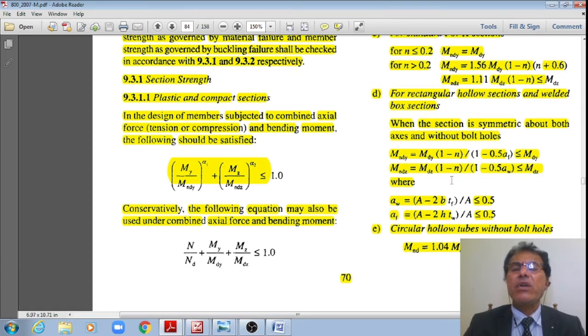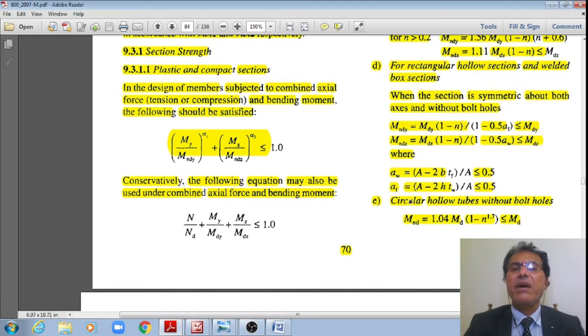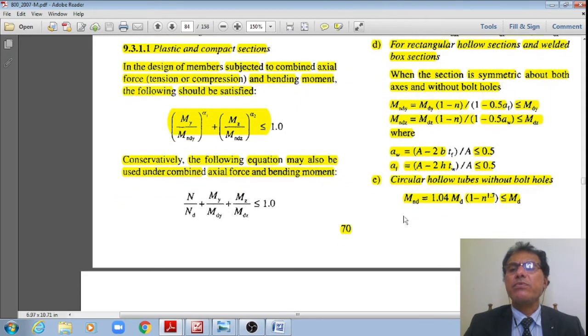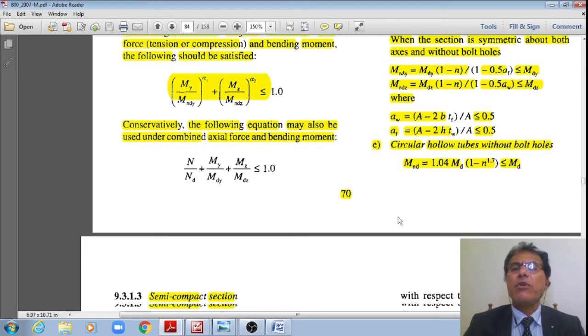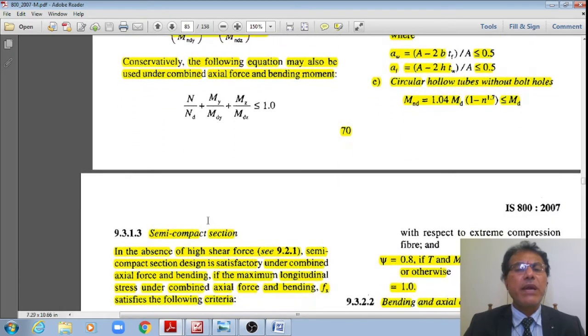Mndz is equal to Mdz multiplied by 1 minus n divided by 1 minus 0.5 alpha w, should be less than or equal to Mdz, where alpha w is equal to A minus 2btf divided by A, should be less than or equal to 0.5. Alpha f is equal to A minus 2htw divided by A, should be less than or equal to 0.5. For circular hollow tubes without bolt holes, Mnd is equal to 1.04 Md multiplied by 1 minus n to the power 1.7, should be less than or equal to Md.